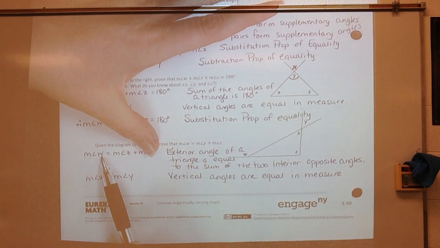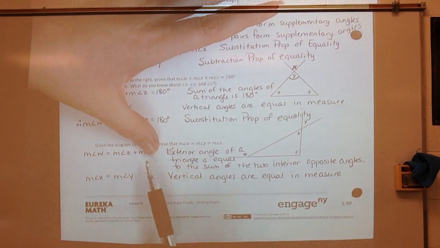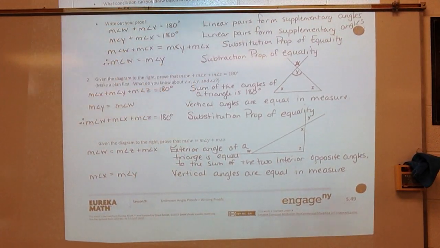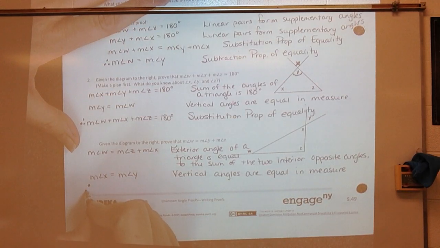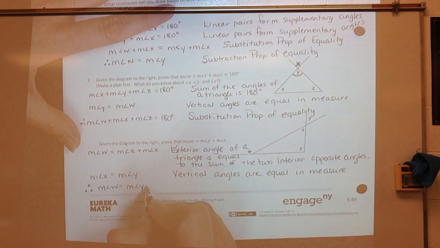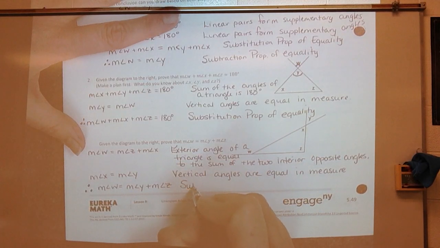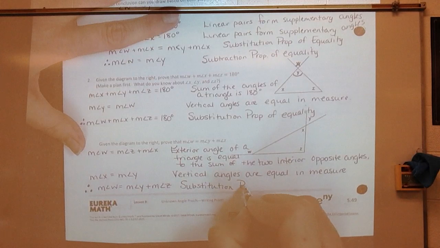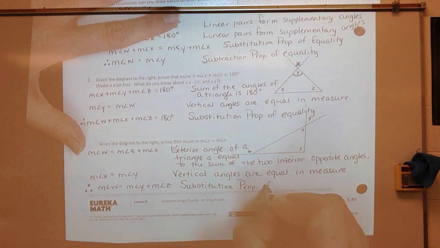The measure of angle W is equal to the measure of angle Y plus the measure of angle Z? I do. So my conclusion would be the measure of angle W is equal to the measure of angle Y plus the measure of angle Z. Substitution property of equality.